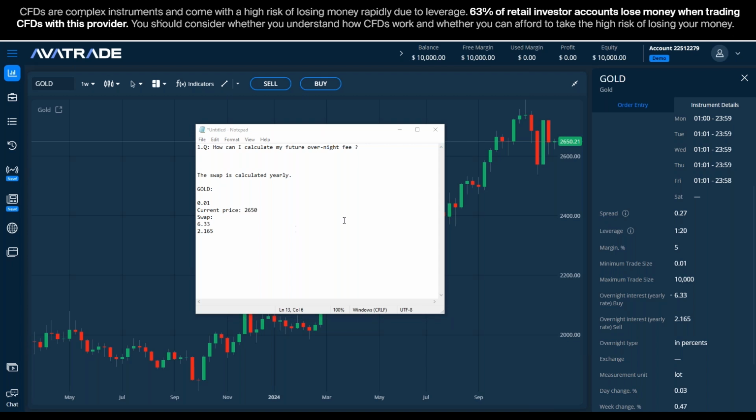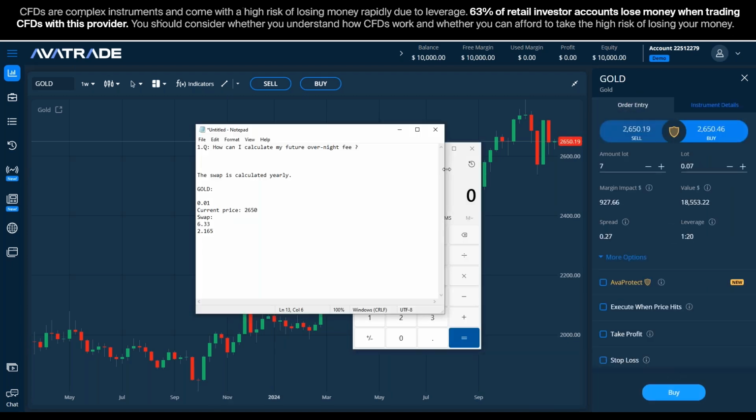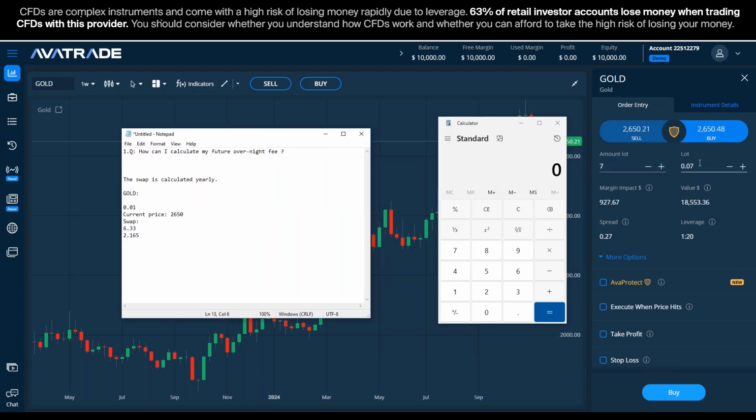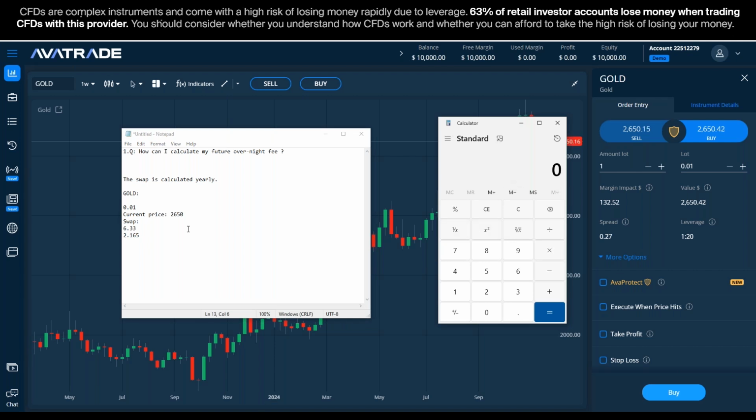And then what we can quickly do is to take the value from our position. Okay, we'll bring it down back to 0.01. And while looking at the value, let's also jot it down, 2650. Of course, the value will match the exact value of the instrument because we only took 1 unit.